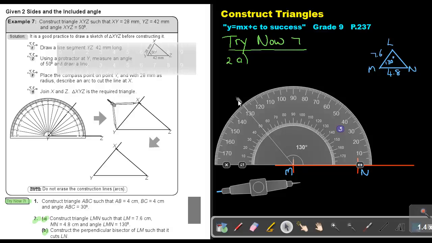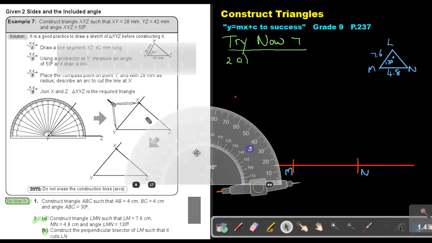Basically, I can just make a mark there, and usually you just make a small cross there, a line there.